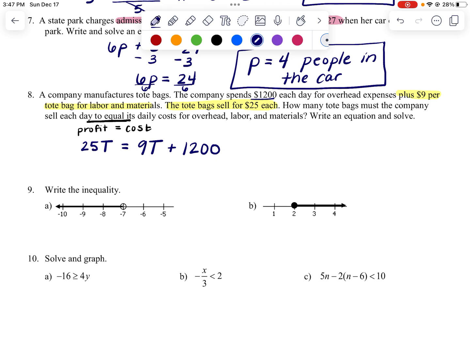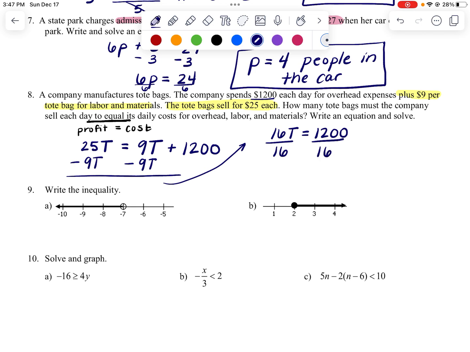So now we're solving this equation, and we would subtract 9t to the other side. And I get 16t is equal to 1,200. Divide by 16, and I get that they'd have to sell 75 totes in order to break even every day.